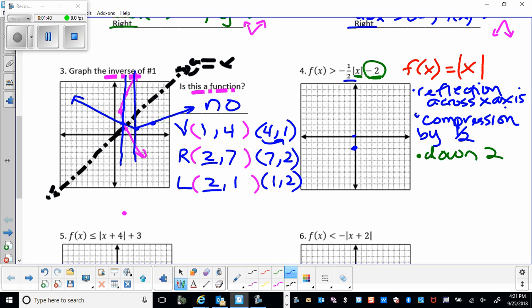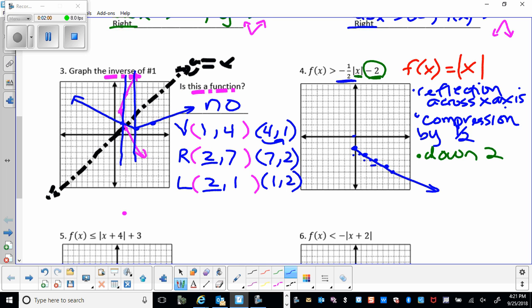Now my slope is going to be -1/2, so I'm going to go down 1 over 2, down 1 over 2, and so on. Okay, and I connect those dots.